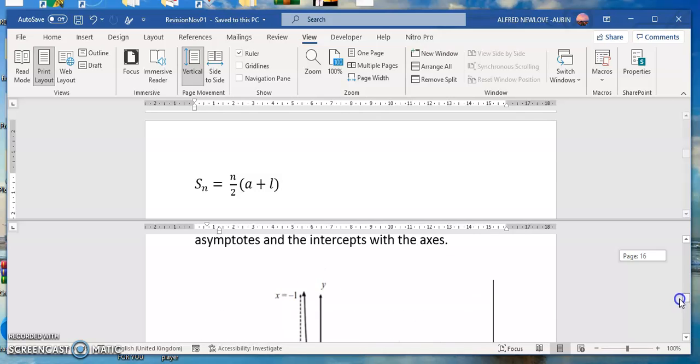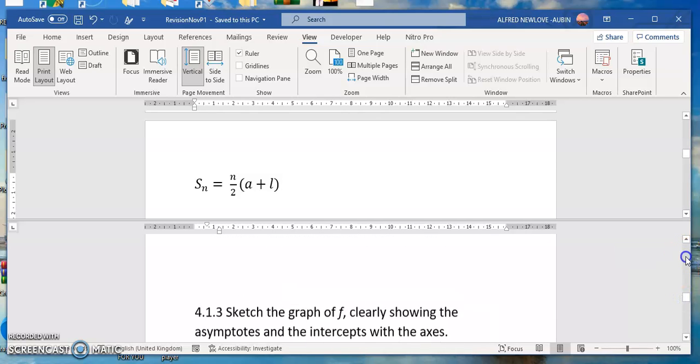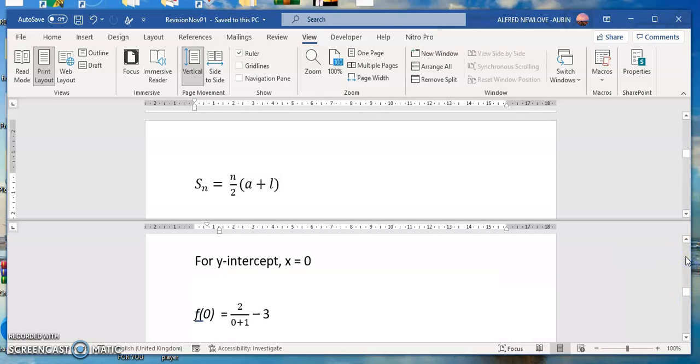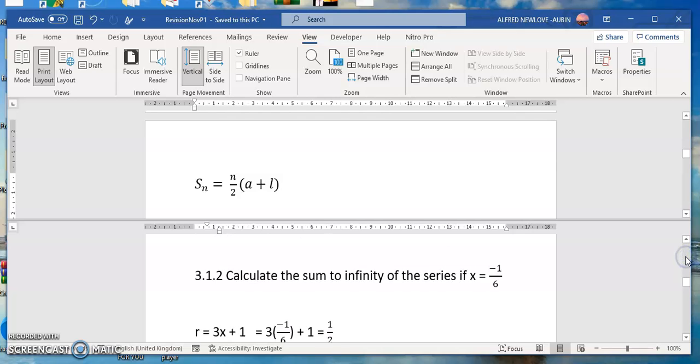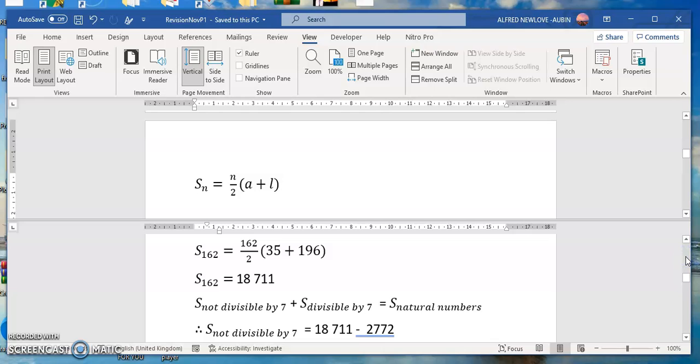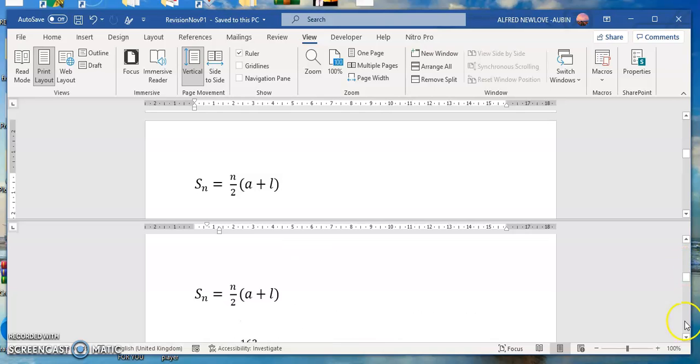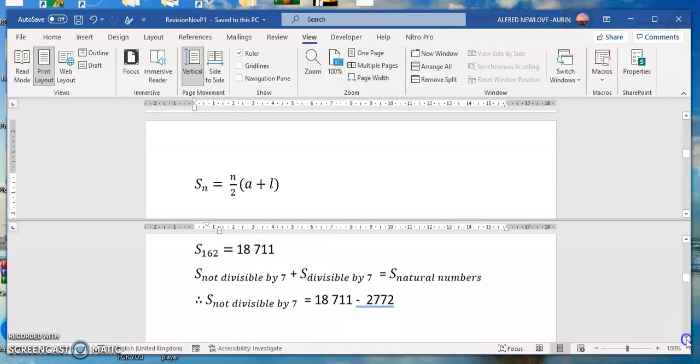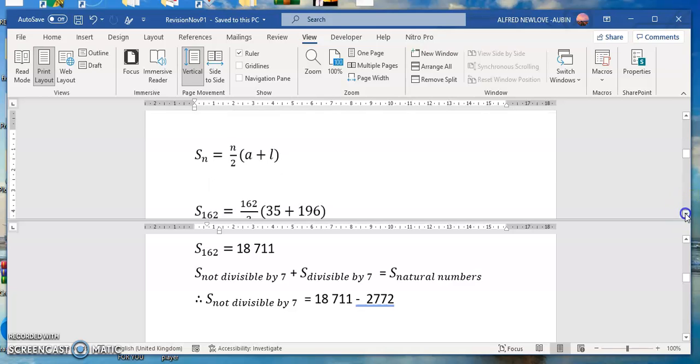That are divisible by 7. Let's get it here. We found it here at the top here. Let's find it at the top.